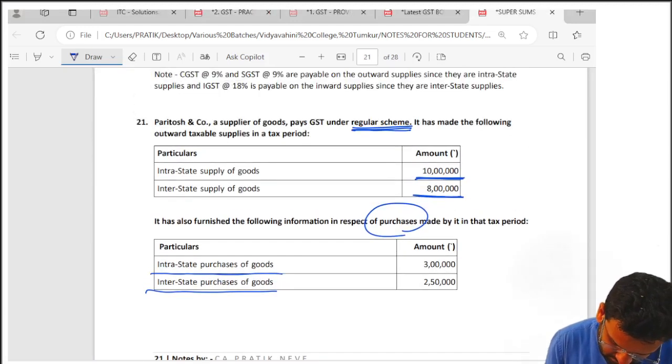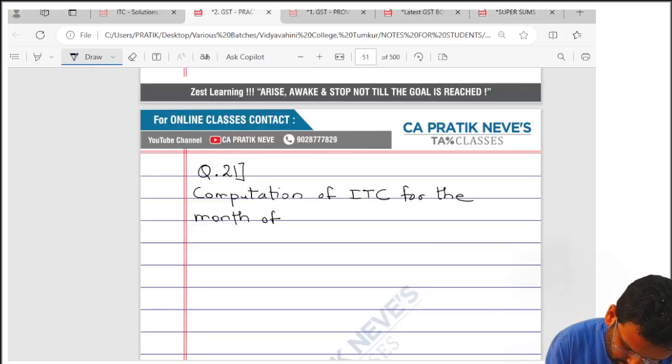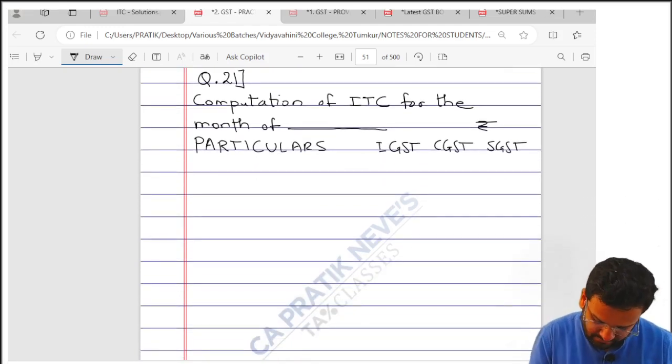Not given. Okay. Particulars: IGST, CGST, SGST, figures in rupees.